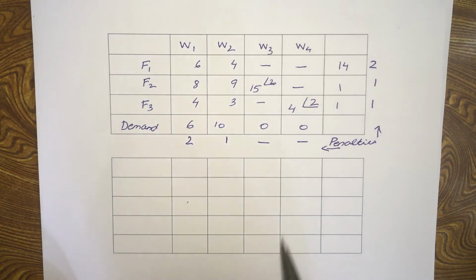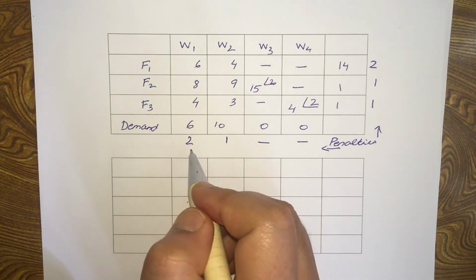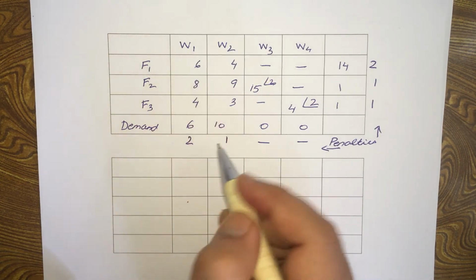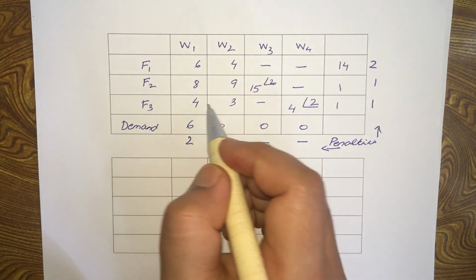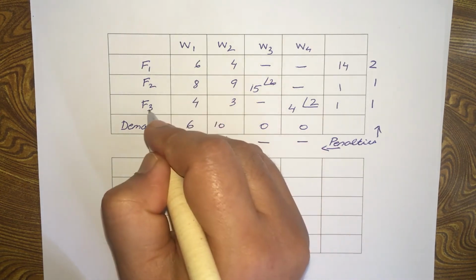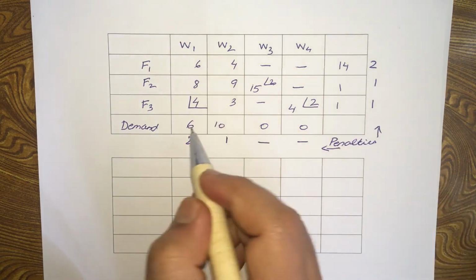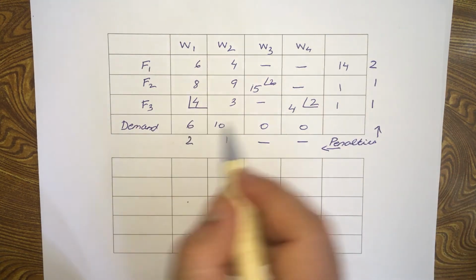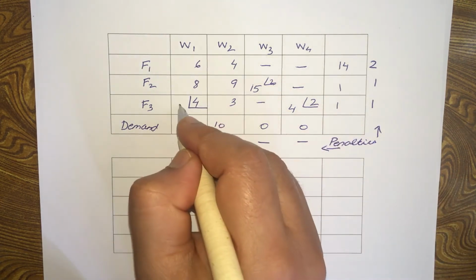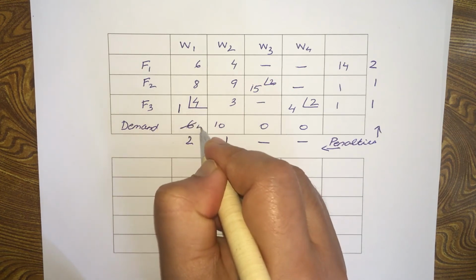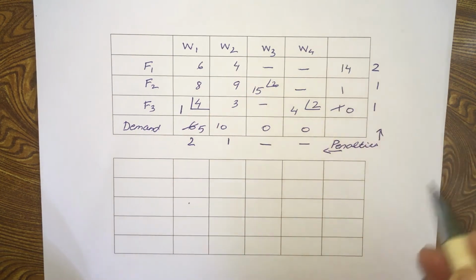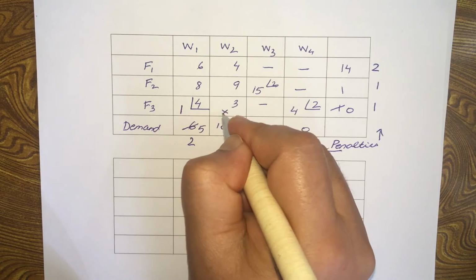All right, so let's say we take this penalty that corresponds to W1, 2. Okay, find out the cell with the least cost. This is the cell F3 W1. Okay, what is the demand here? 6. Supply is only 1, so we can only allocate 1. All right, so we've exhausted F3.